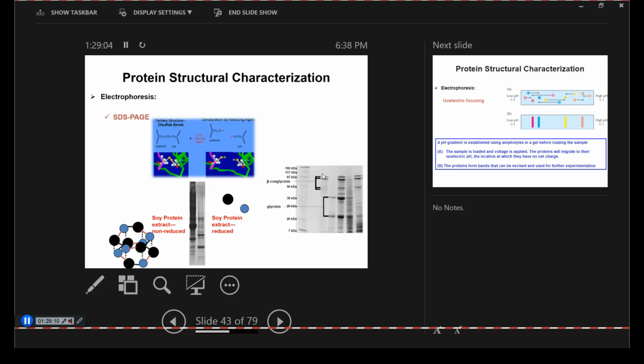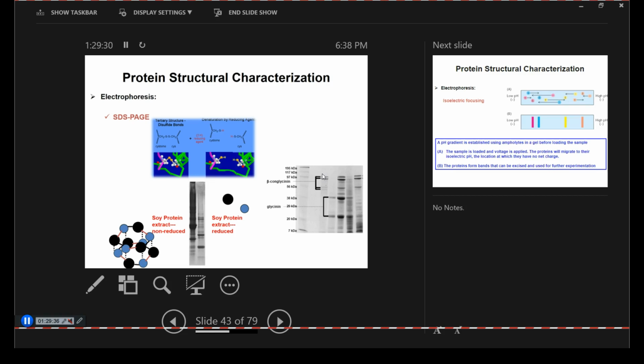So in this gel right here, if I want to determine the impact of using specific enzymes, and I want to know what subunit the enzyme is targeting. So if you see here, I have soy protein isolate, and then this has been treated with papain.